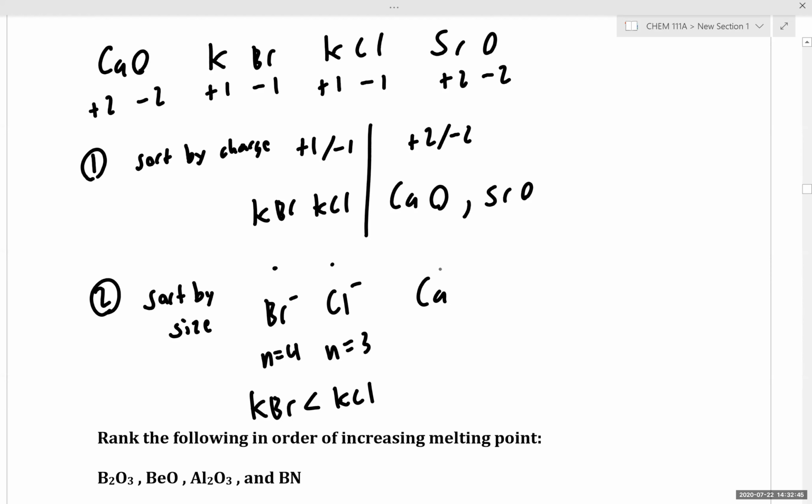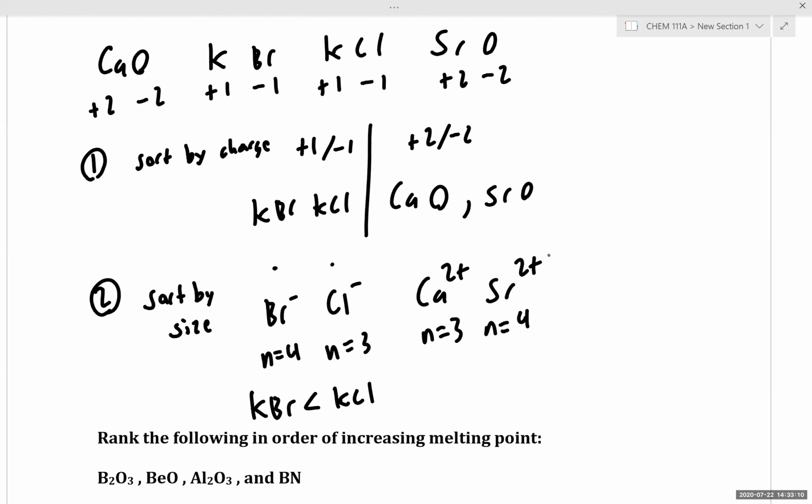Comparing, we have calcium, which when it ionizes becomes n equals 3, and strontium, which when it ionizes becomes n equals 4, because this is calcium 2+, strontium 2+. So which ion is smaller and as a result has the larger lattice enthalpy?